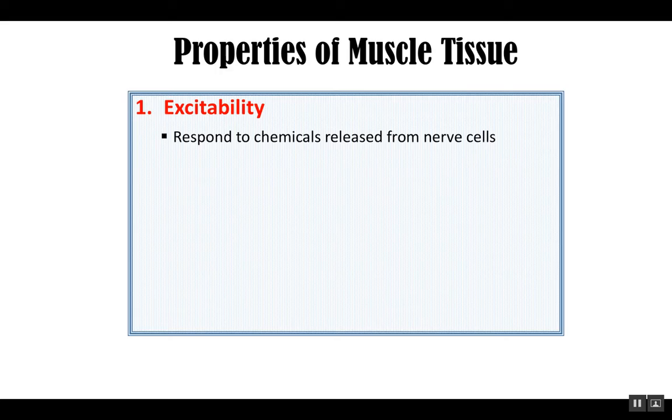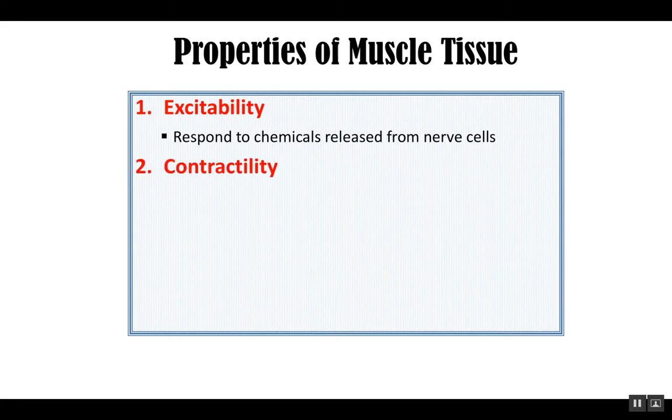So we're going to take a close look at the interaction between nerve cells or neurons and skeletal muscle cells. And obviously, in order to contract that skeletal muscle cell, it needs a neuron releasing chemicals we call neurotransmitters in order to stimulate that muscle contraction. So we call that ability excitability.